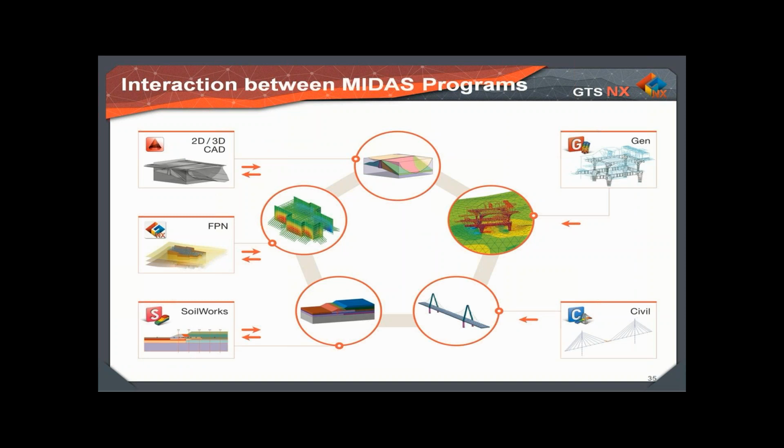Next, I'd like to mention the compatibility of the program with other software products. Engineers who have their project drawn in CAD often find that they need to redraw their entire project in the analysis software when they come to the point of modeling and analyzing their design. GTS NX enables you to import your CAD drawings directly into the program.